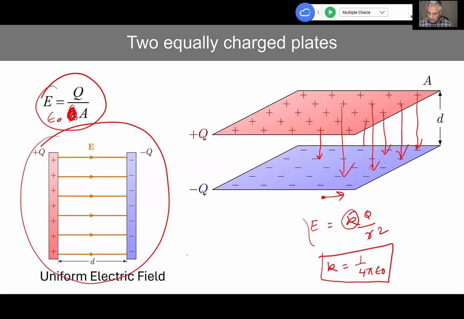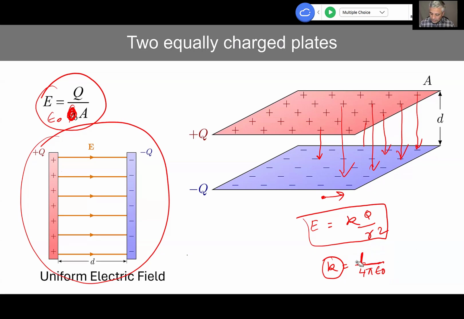We are writing it like this to make it look similar to the gravitational force. Actually, the field is supposed to be written something like this. So we are replacing 1 over 4 pi epsilon naught by this K notation.